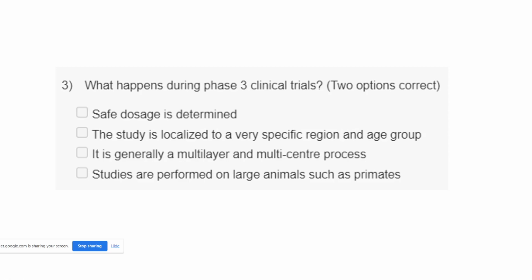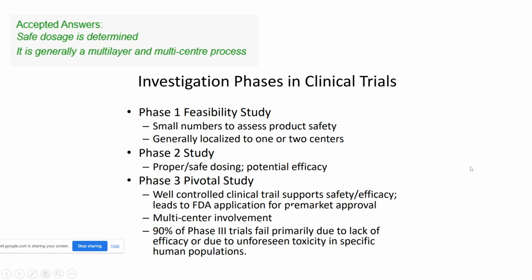Okay. So the correct answer would be the first option and third option, that is, safe dosage is determined and it is generally a multi-layer and multi-center process. So these are the different trials and what happens in them. Phase 1 requires a very small number of subjects to assess the product safety, and it's generally localized to one or two centers.